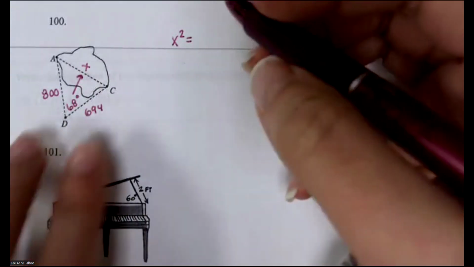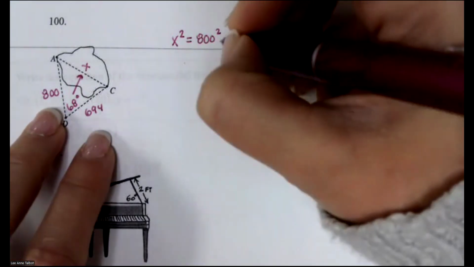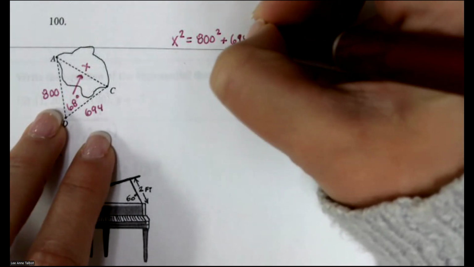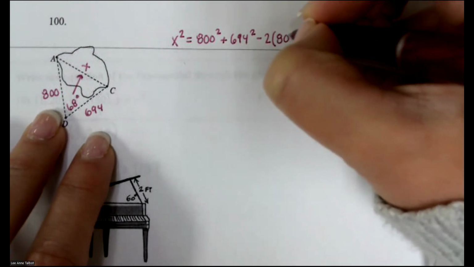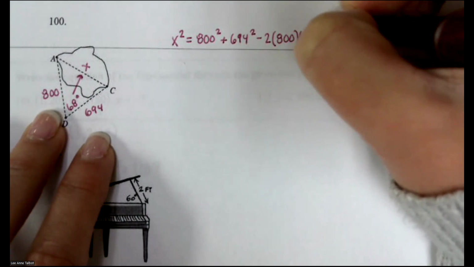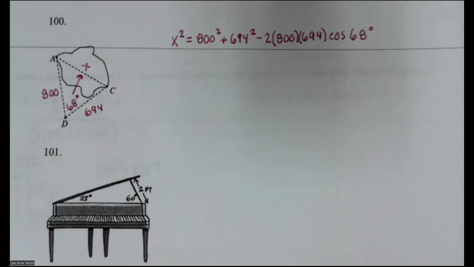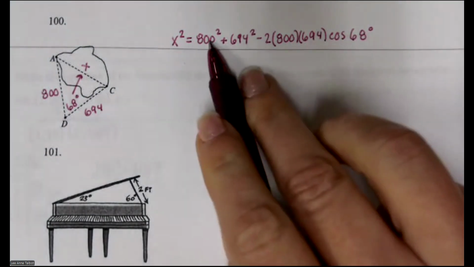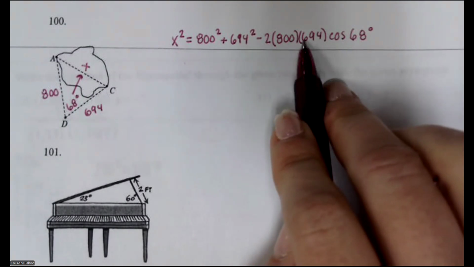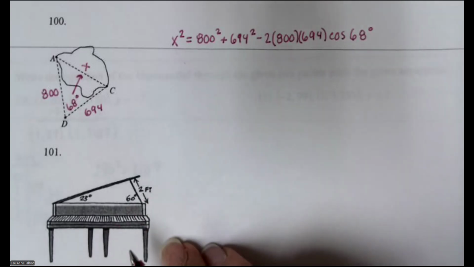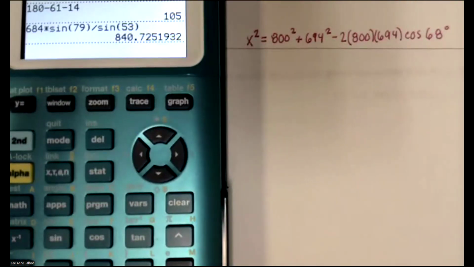So that side squared equals the other side squared plus the other side squared minus 2 times both of those sides times the cosine of the angle between them. So side 1 squared plus side 2 squared minus 2 times side 1 times side 2 times cosine of the angle between them. Okay, the key to this is to type it in in one fell swoop.